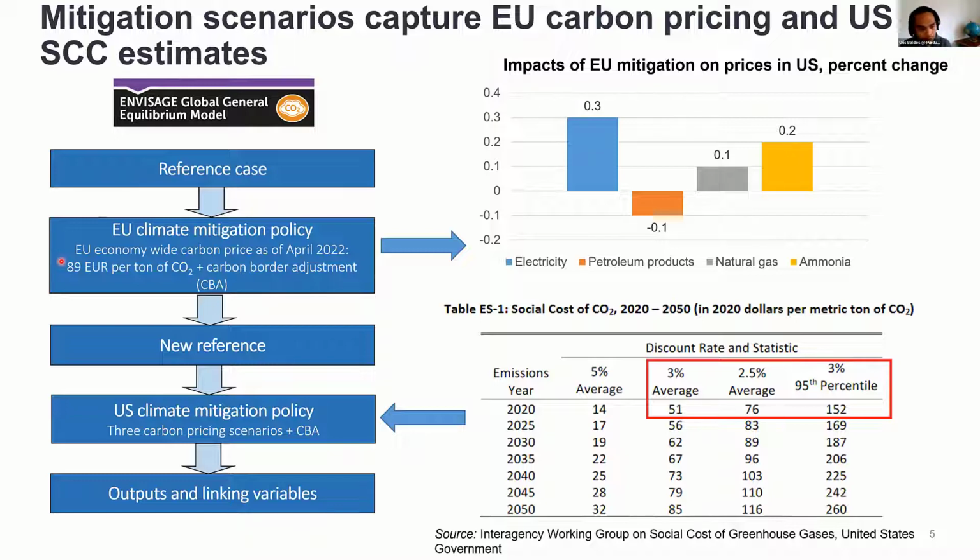Once you have that updated base year, wherein this EU mitigation policy is already incorporated, we then apply the US climate policy. We're focusing on three carbon pricing scenarios: 51, 76, and $152 per metric ton of CO2 emissions. Once we implement those policies, we get the outputs from Envisage and pass them to the Simple G model.